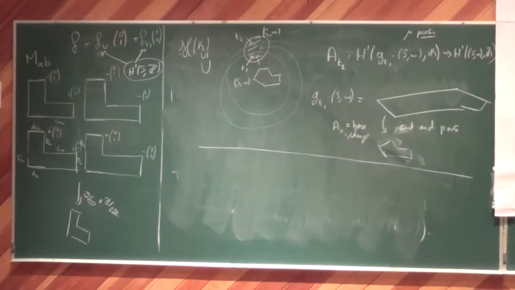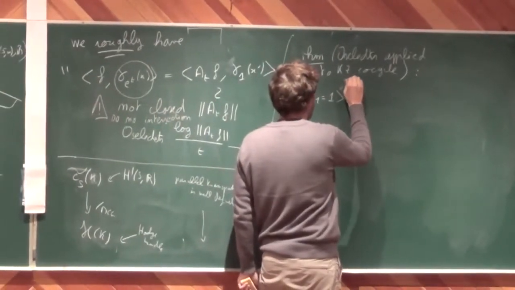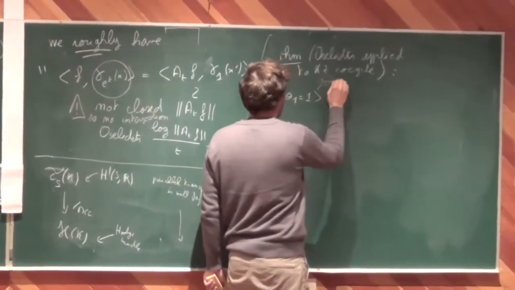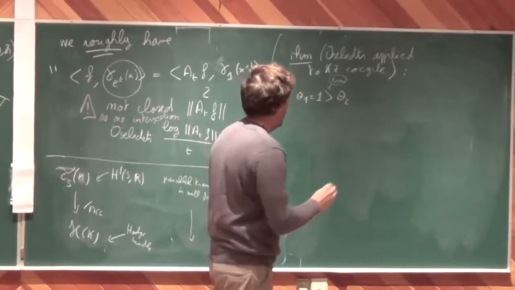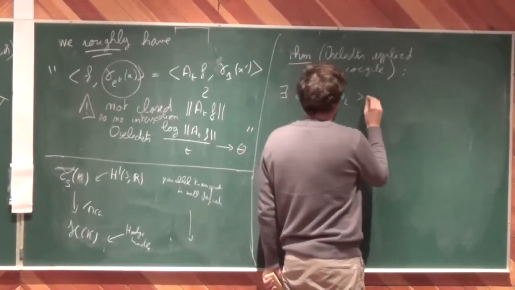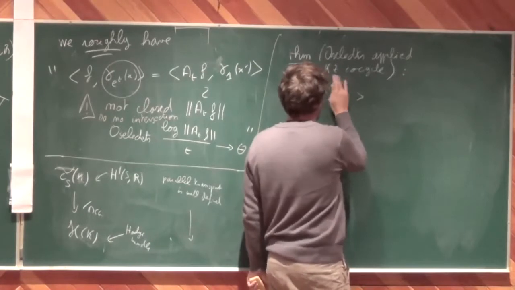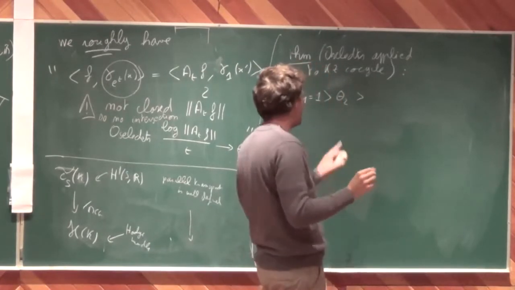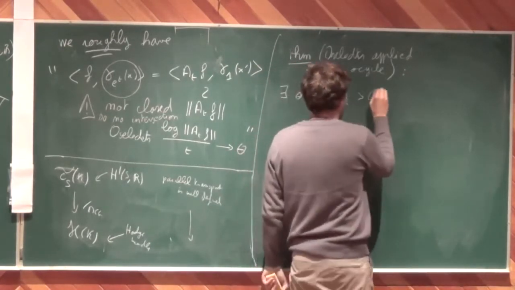Now we want to apply Oseledets. So there exists theta_1 equal to 1, which is strictly bigger than theta_2. Equality is due to Forni, but not yet.